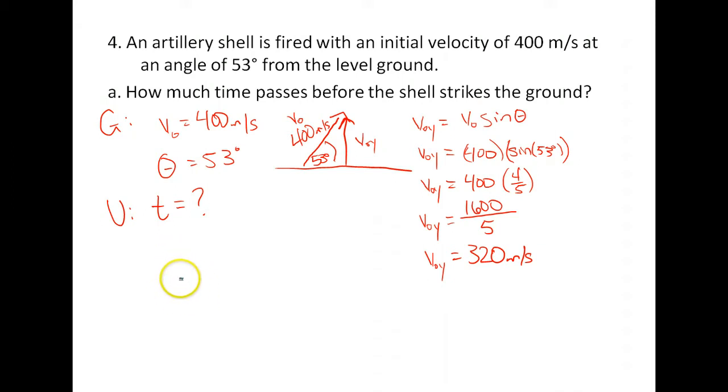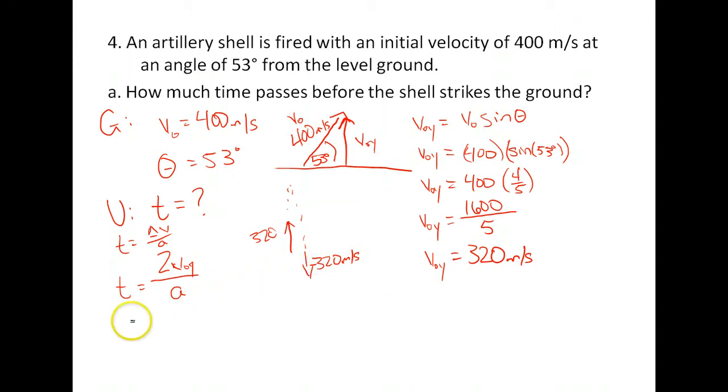Well, since it's going up and coming back down, we know that we're going to have to do 2 times that initial velocity, just like what we did earlier in part 1, divided by the acceleration to get time. That comes from the equation for time being change in velocity over acceleration, where change in velocity would be 2 times that initial velocity, because as it's launched going up, it's going 320 meters per second, and when it comes back down, it's still going 320 meters per second, but now in the opposite direction.